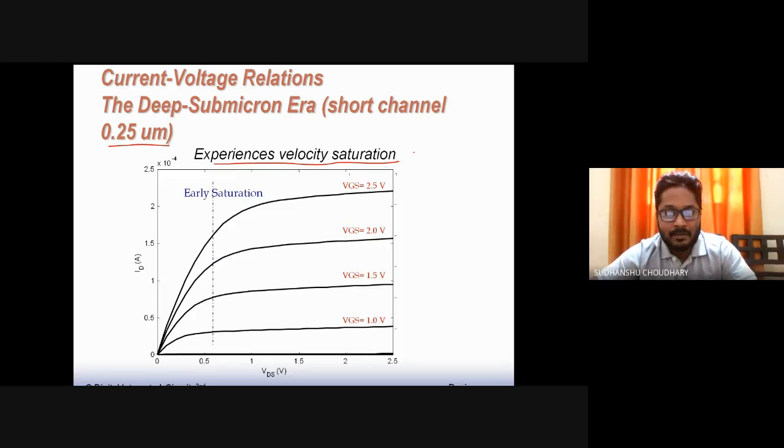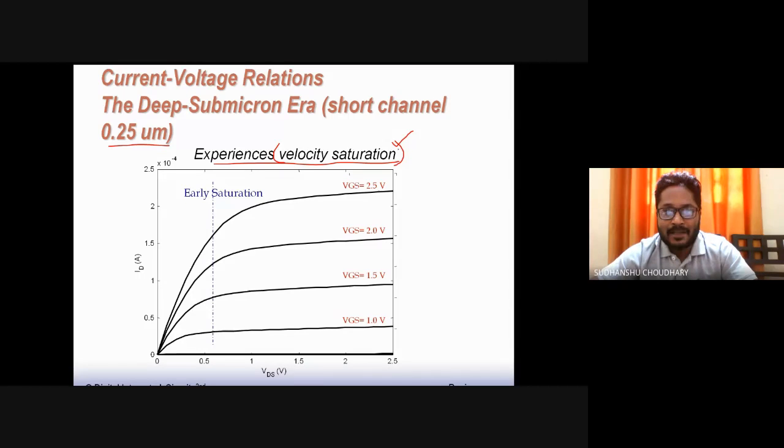In a short channel MOSFET, the channel length is short, so the electric field in the drain to source region is also very high. The carriers in the channel feel the effect of velocity saturation, that is, carrier velocity saturates because of scattering due to collisions in the channel.